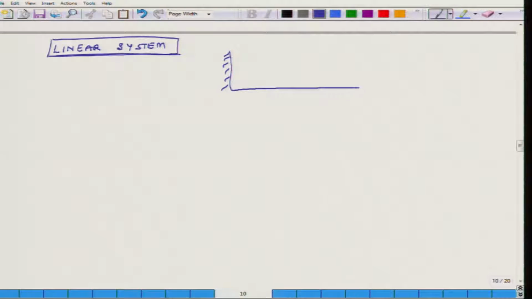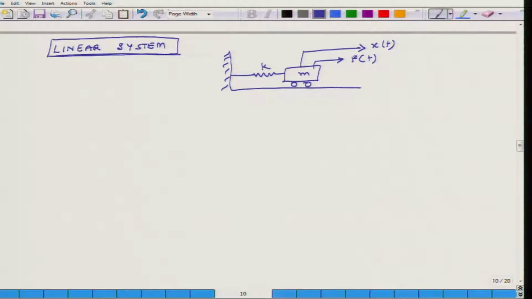So, for reference purposes, we will consider a mass spring system. There is a spring, there is a mass connected, and I am exerting a force of F(t) on the system, and because of this force there is a displacement which the mass is exhibiting.